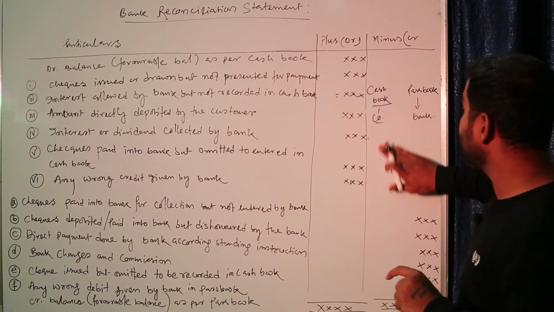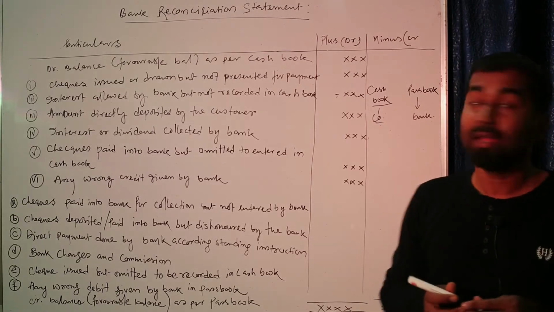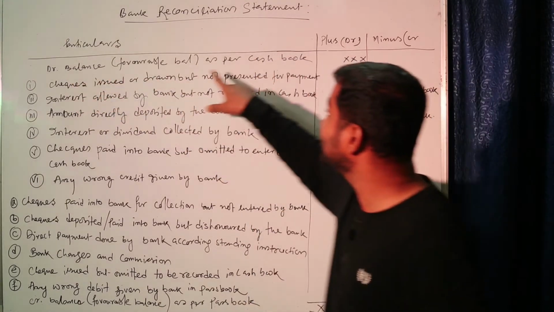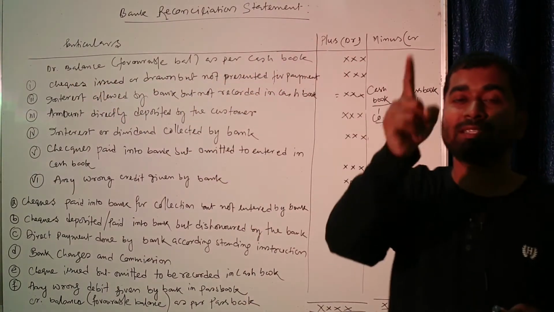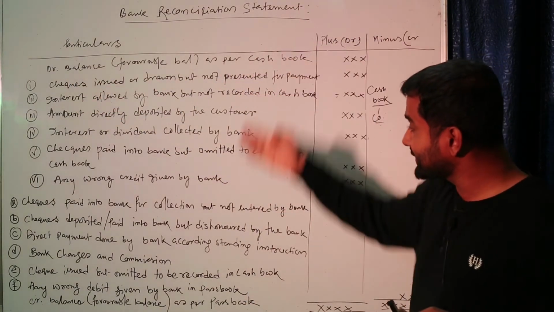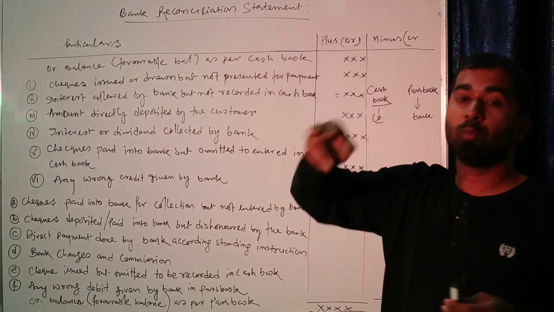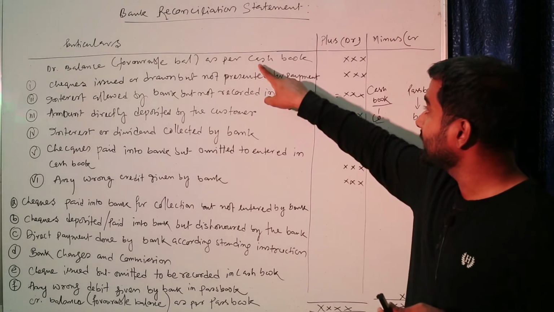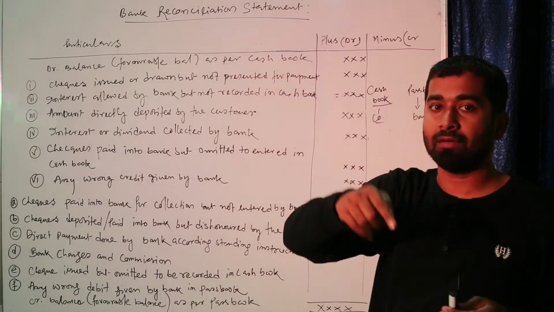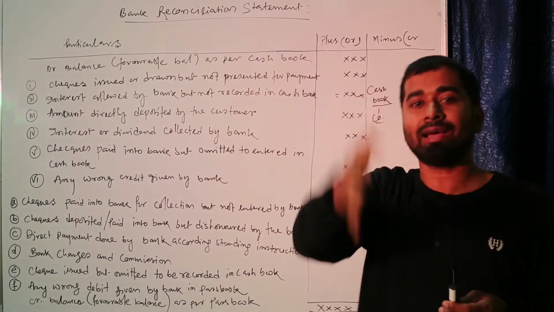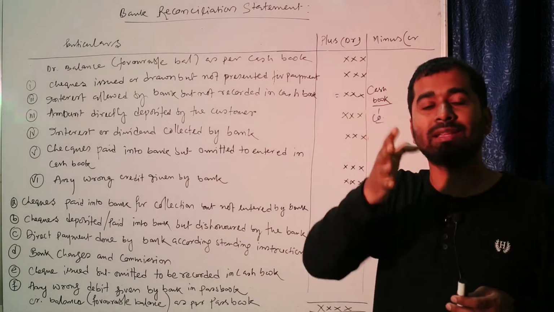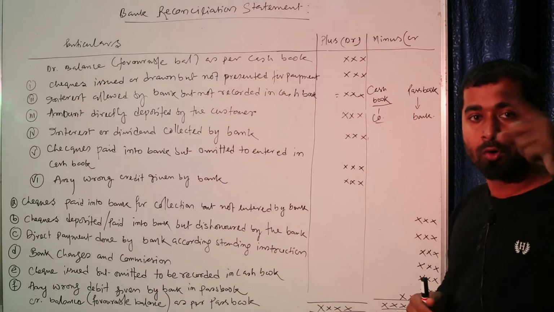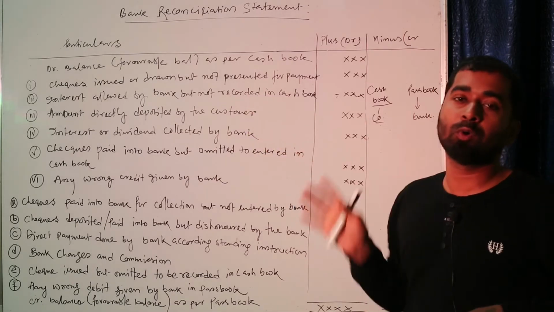One more piece of information I am going to give you: if you are finding the balance as per the cash book for the first time, that means you are the company. This statement you are making, you are the company, not the bank. That means you have the cash book balance, so you can change only the cash book balance. You can change only the cash book details. You cannot change the passbook. So you should go the way the passbook works.